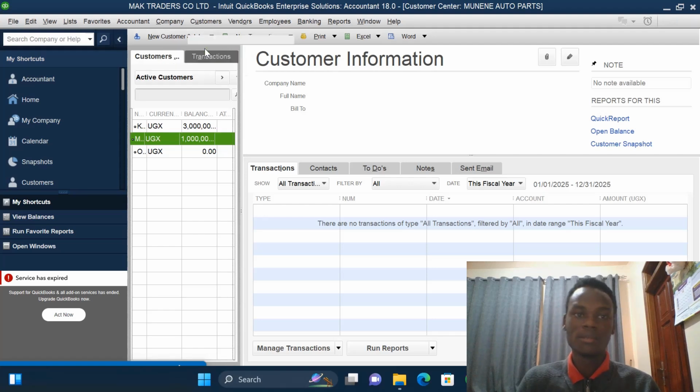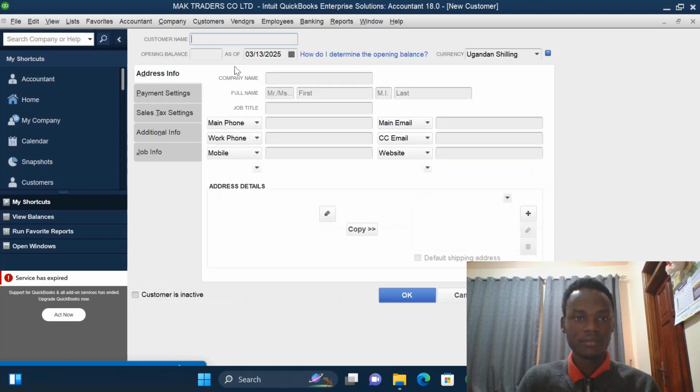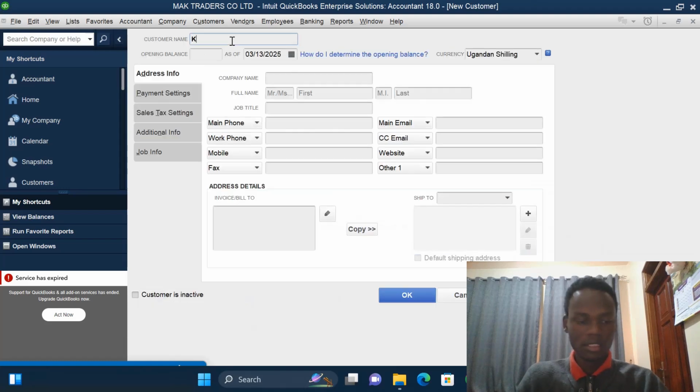So go to new, Classy Motor Spares. The opening balance for Classy Motor Spares is 800,000.